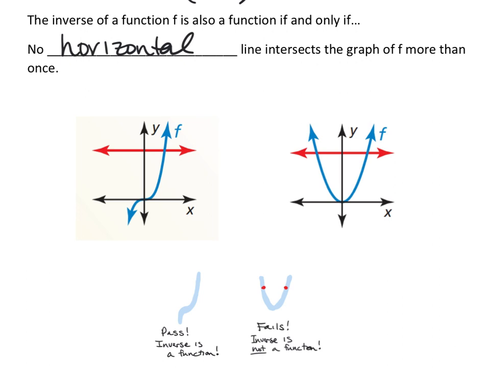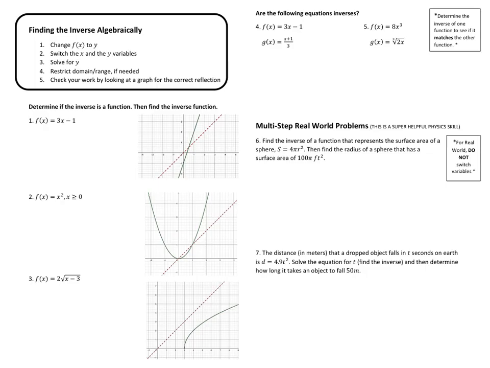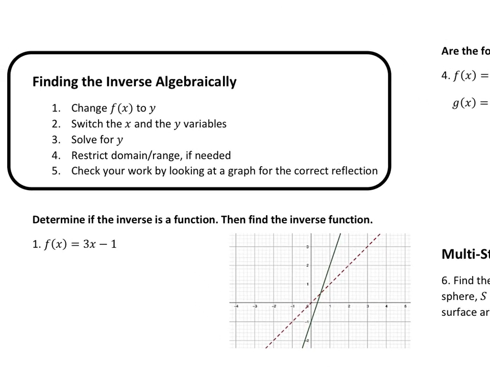Do we understand the HLT? HLT just tries to help us determine if the inverse is a function. Nothing about the actual function itself, but about its inverse. So once we decide it will have an inverse by employing the HLT, we're going to go on the inside, we're actually going to find the inverse.